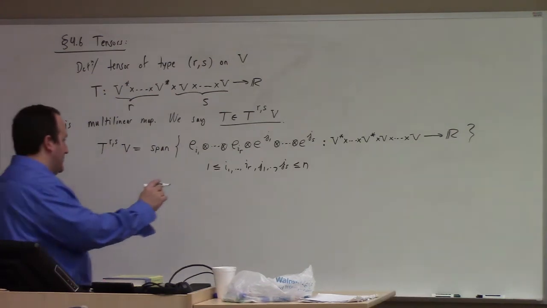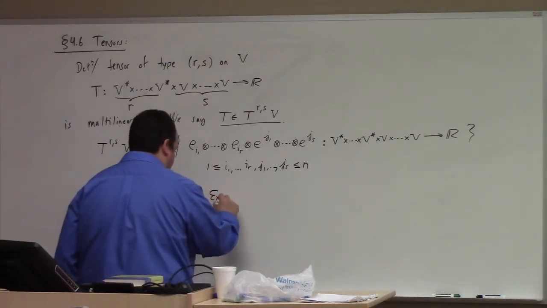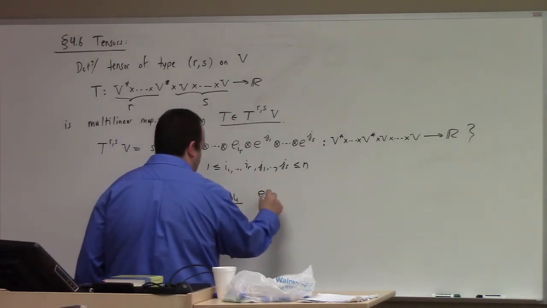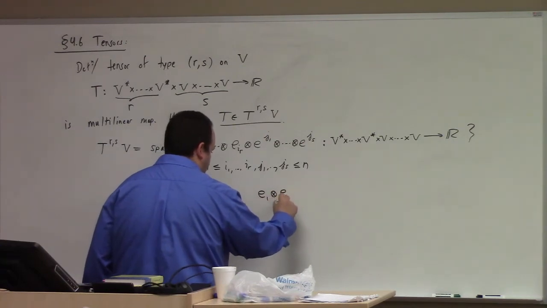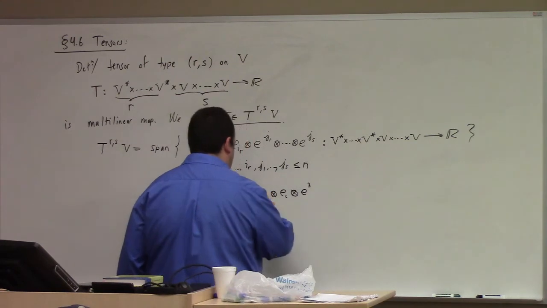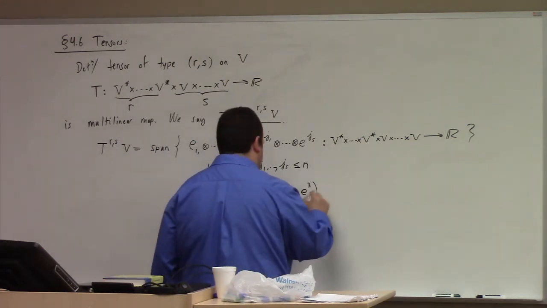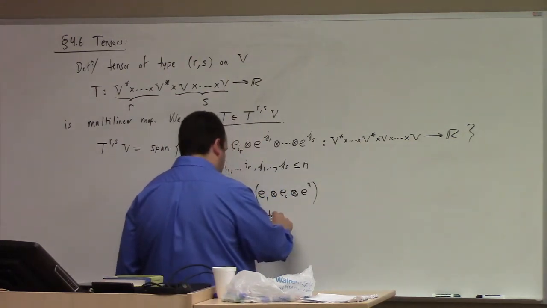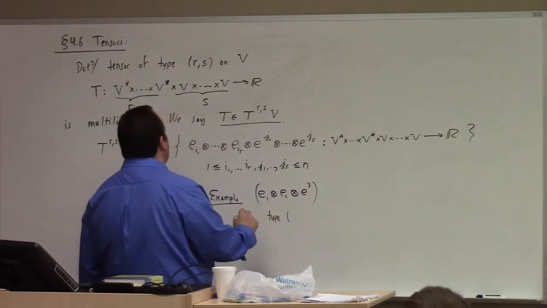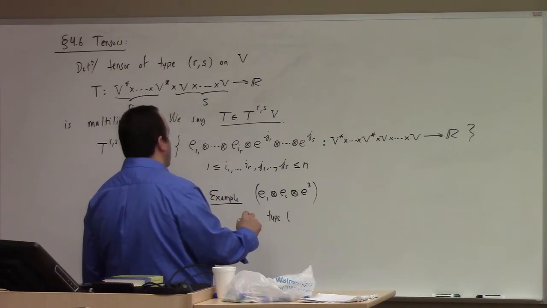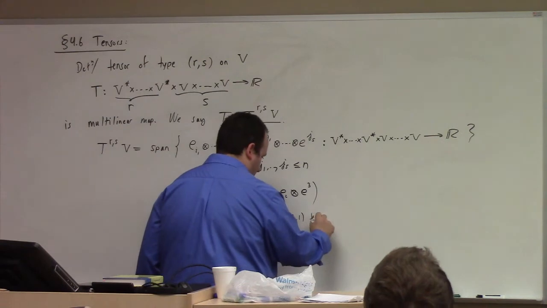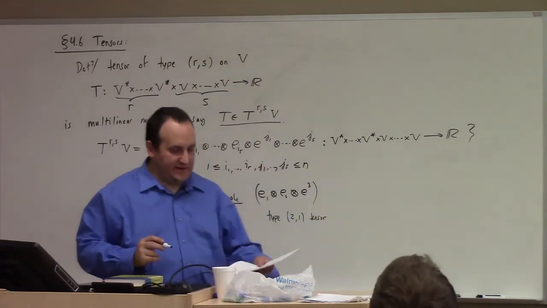Let me give you an example. If we have e_1 tensor e_2 tensor e^3, all right, this would be a type, looks like to me, type (2,1) tensor. So a type (2,1) tensor, we feed it.